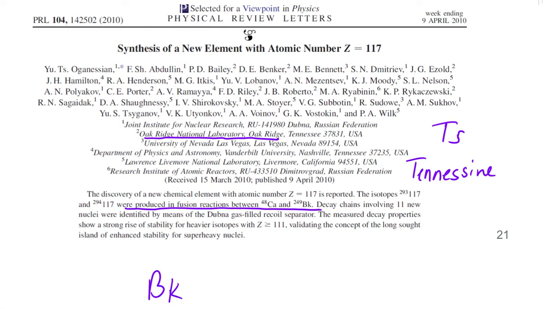So berkelium-249, which has atomic number 97, and calcium-48, atomic number 20. Collide them in a super collider.